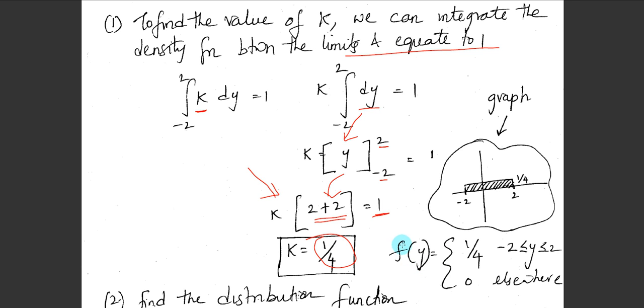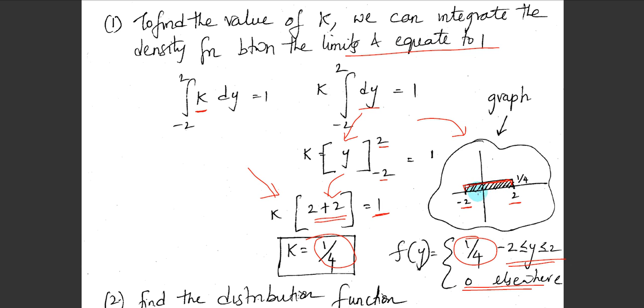In other words, the density function can be written as f of y equals 1 over 4, which we just found, if y is between -2 and +2 and 0 elsewhere, which means the graph of this specific density function looks like this, where between -2 and +2 it always takes the value of 1 over 4.